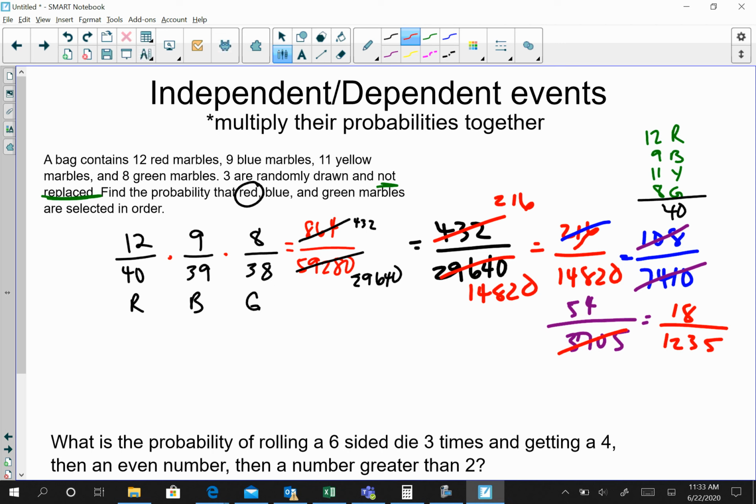I don't know if 1235 is divisible by anything that 18 is divisible by. 18 is divisible by 2. 1235 is not. It's divisible by 3. 1235 is not. It's not divisible by 6 and 9, which are multiples of 2 and 3. So this is going to be the end of the end.